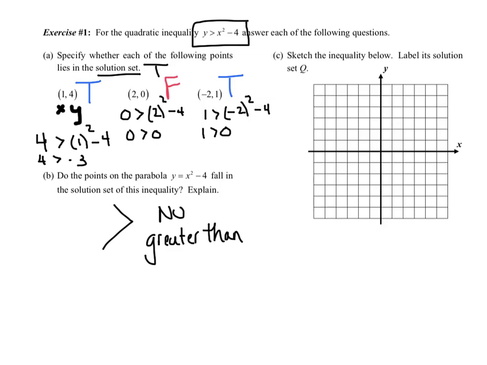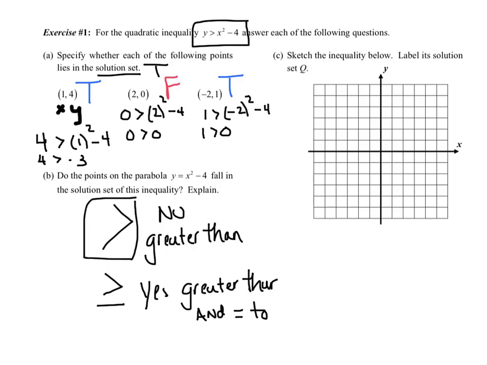Okay, it does not mean equal to. If the symbol looked like this, then my answer would be yes, because that's greater than or equal to. Okay, so since I'm saying the point's right on the parabola and because it's not an equal to, my answer is no.